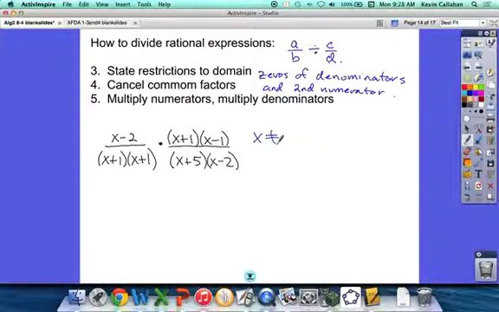X plus 1, the 0 is negative 1. X plus 5, the 0 is negative 5. X minus 2, the 0 is 2. And now we've got to go up here also. Plus 1 would have a 0 of negative 1, but we already have negative 1. And then X minus 1 would have a 0 of 1.